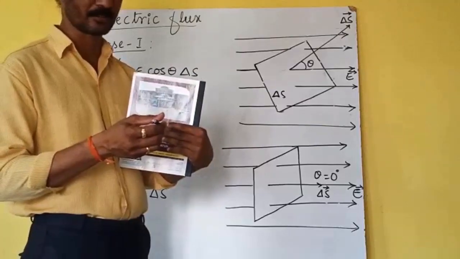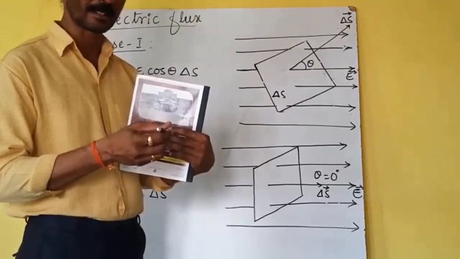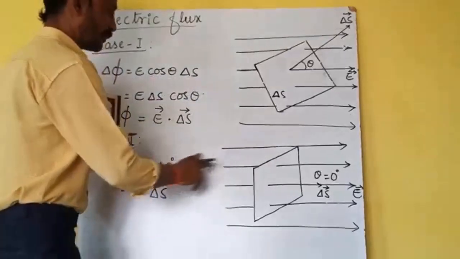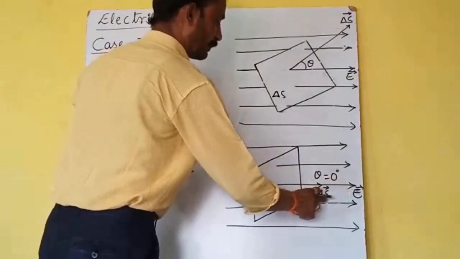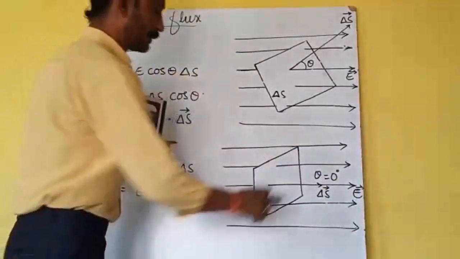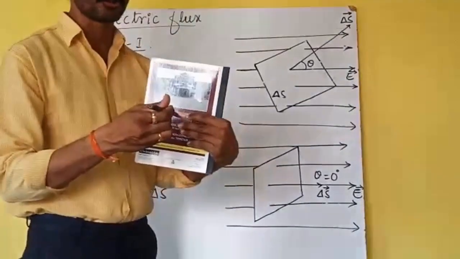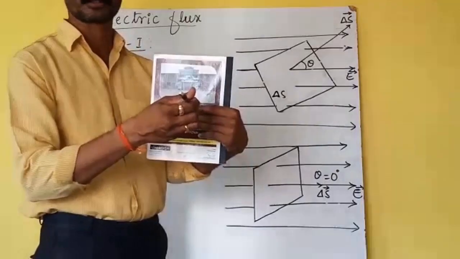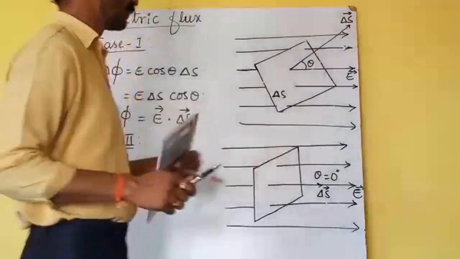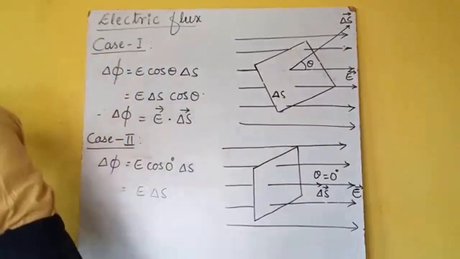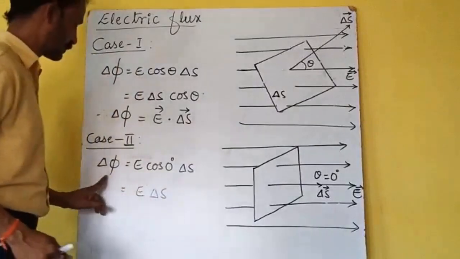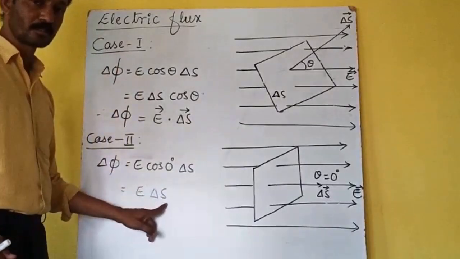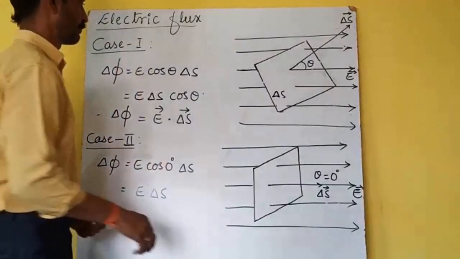Both are in the same direction. The angle between the electric field vector and area vector in this case is 0 degree. Normal drawn to this surface is along the electric field. Therefore, in this case, the electric flux is E into delta S.